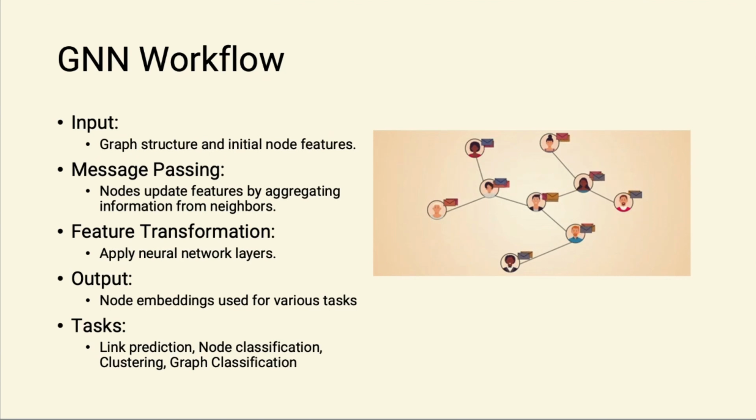These exchanges are done in iterations, and at the very beginning of the iterations, before anything is done, each node has its own initial set of features, right?